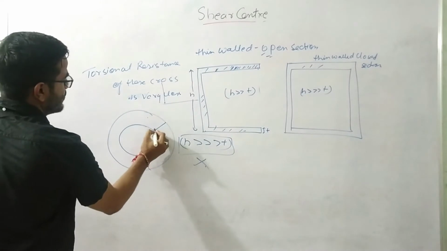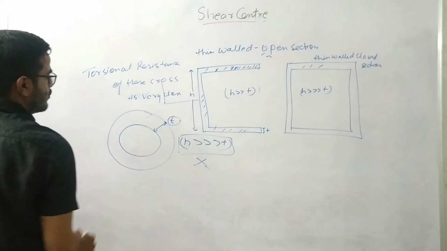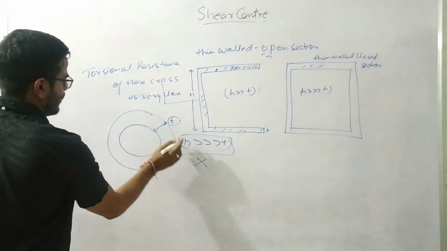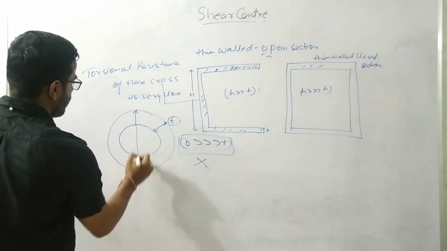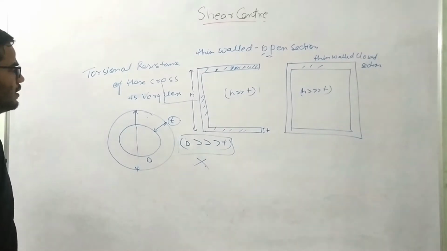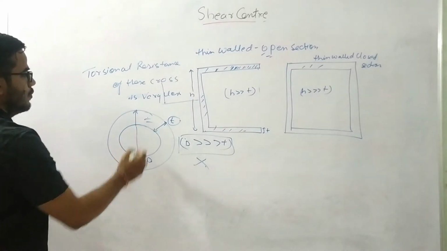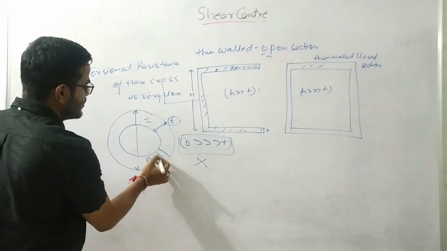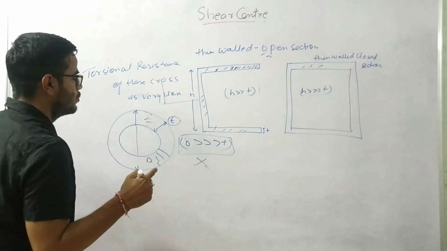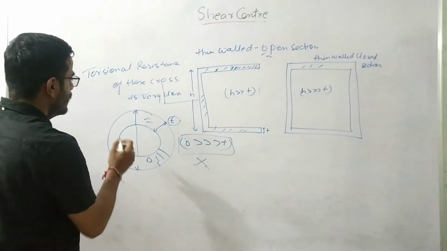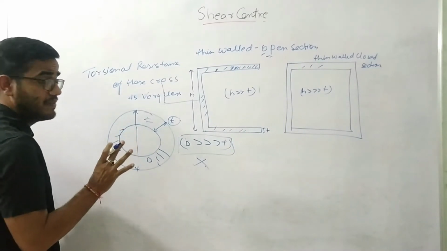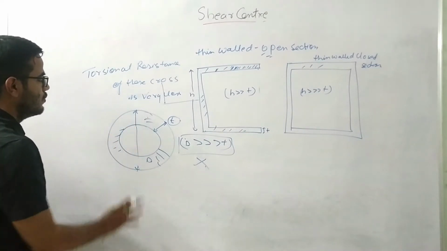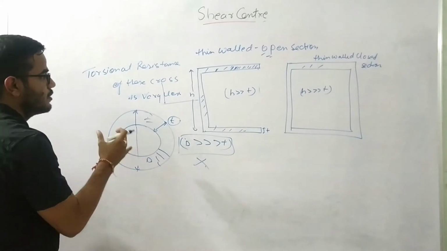Here the thickness is sufficient, and this is the diameter basically. So in this case, the torsion resistance will be good. Why good? Because at the periphery we will have sufficient thickness to resist the torsion stresses. So this is not a thin walled open section. This is basically a hollow cross section, so this will behave well in resisting torsion.